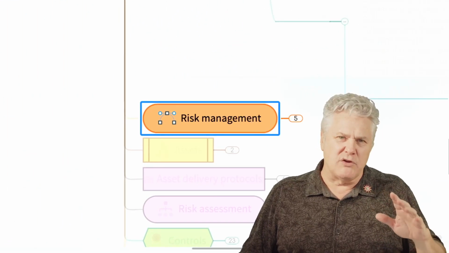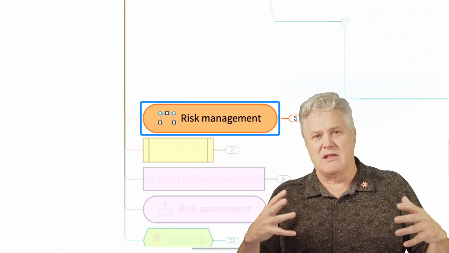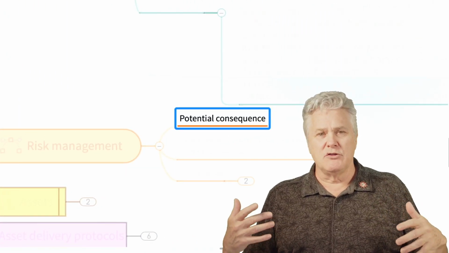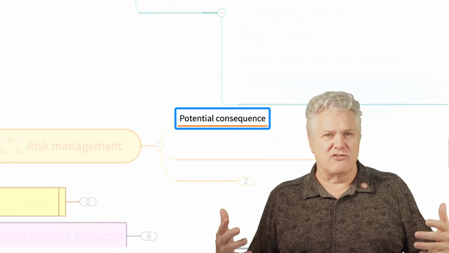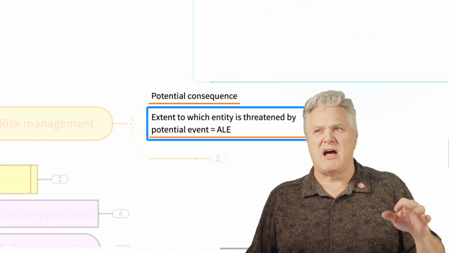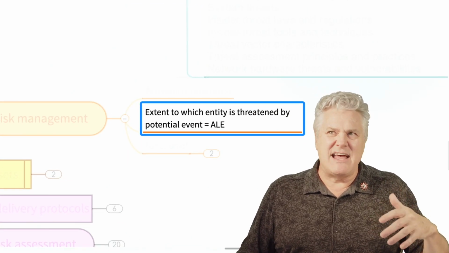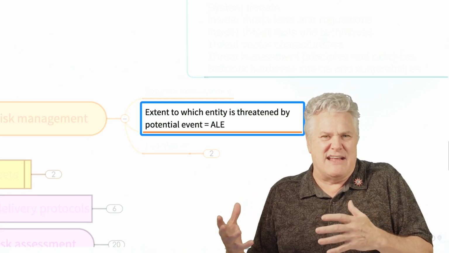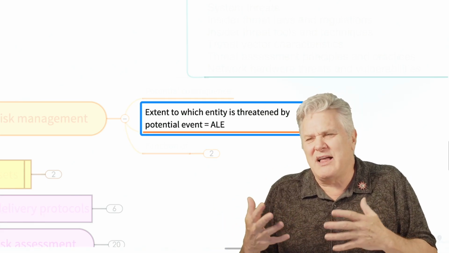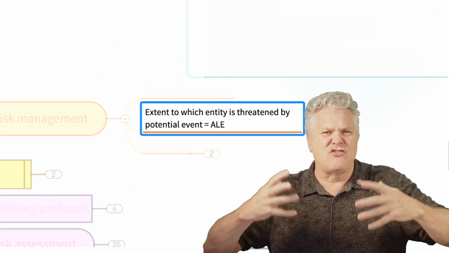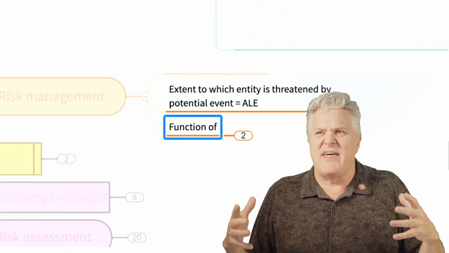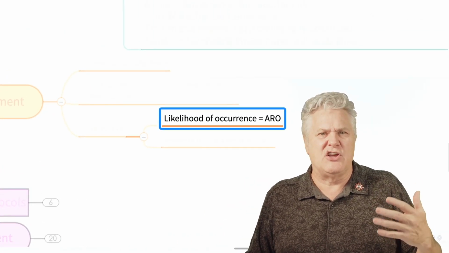So let's go over to risk management, which is a major component that we worry about with threats and vulnerabilities. Now, we're looking for, as senior leaders in the organization, potential consequences to the extent with which an entity is threatened by a potential event. So, the annualized loss expectancy. This is the overall process that we hear and go, okay, this is really bad. Now, that's a function of things like the likelihood of occurrence.